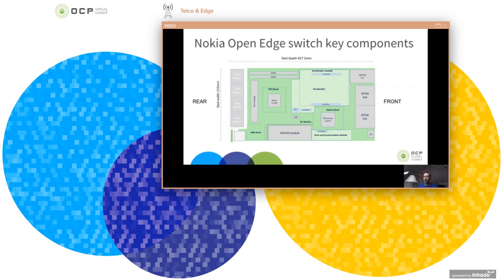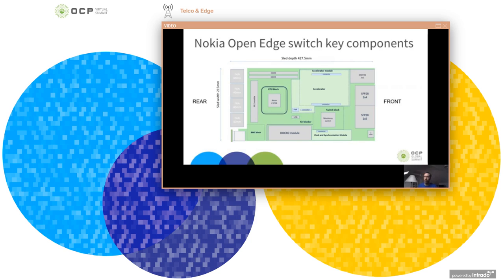Then also on the rear side, we have the connector that connects the Open Edge sled to the Open Edge chassis, providing the power and the connectivity to the hardware management subsystem. Then the hardware management functionalities are taken care of by the BMC block that is implemented using the AST2500 BMC.